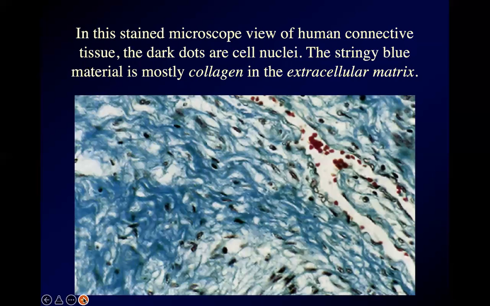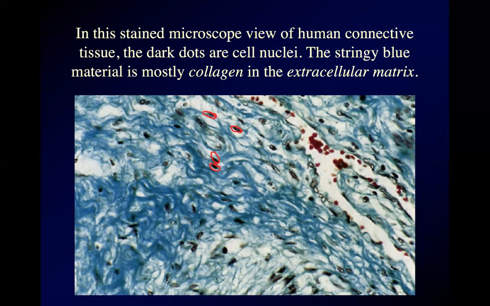So here's a picture. This is a piece of human connective tissue. This is actually the loose tissue that you might find, let's say, under the skin of your cheeks. Each one of these dots that I'm circling in red right there, that's the nucleus of an actual cell.